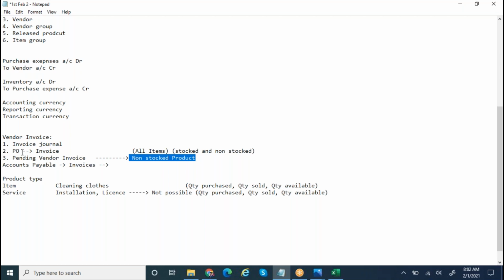So rather than creating a purchase order, then confirming the purchase order, then product receipt, the regular process is purchase order creation, purchase order confirmation, then product receipt. These are the regular steps. Rather than these 1, 2, 3, 4 steps, with a single step I am using invoicing.